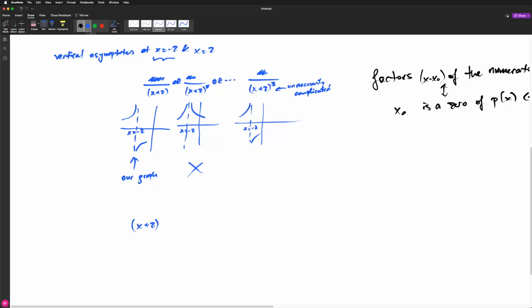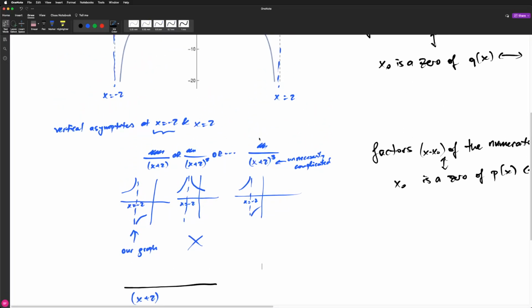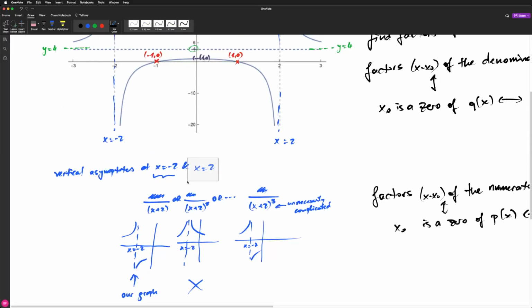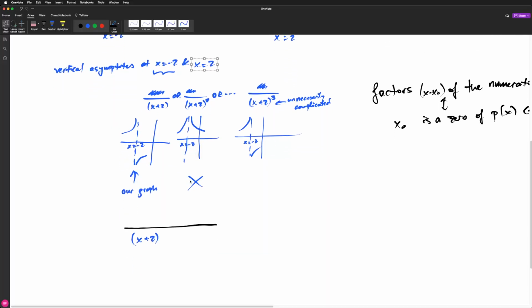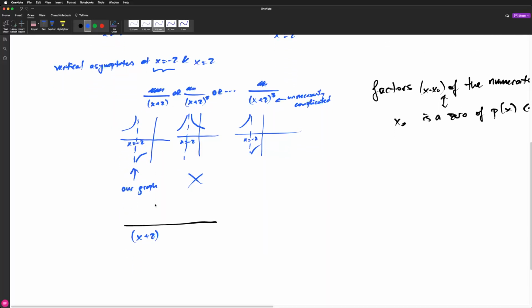If our choice doesn't produce the graph that we want, we can modify, and that's maybe one thing we may do. Probably not. And we have a similar thing happening at x equals 2. And that means I have another factor, x minus 2, in the denominator.